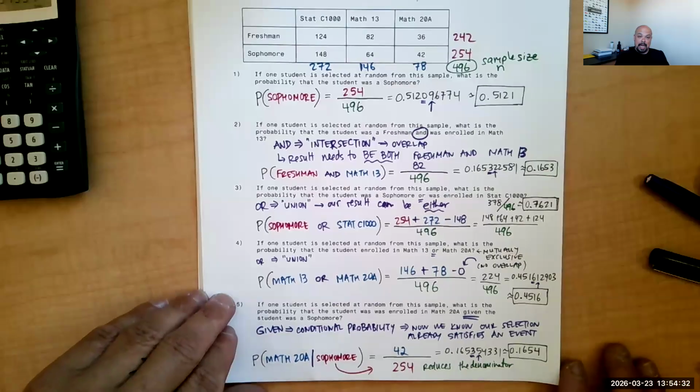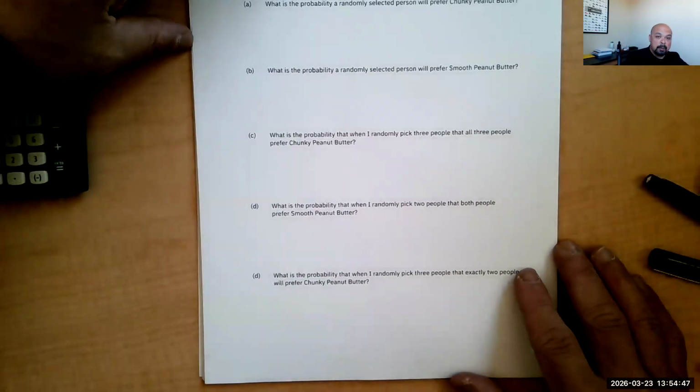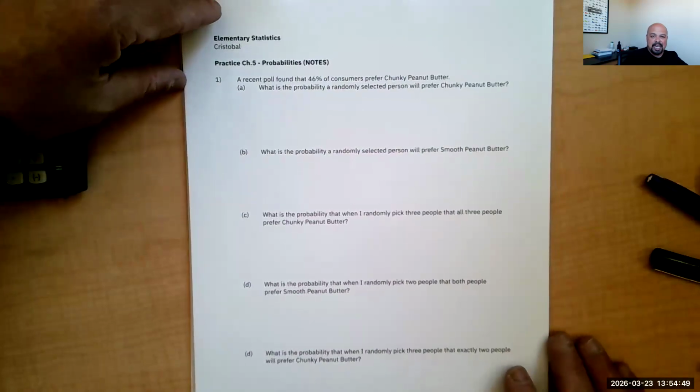All right, so now we have those types of probabilities. Another type of probability that we start to see once we get away from having those smaller groups, and we'll come back to that type as well. But I also want to identify this kind of probability of making selections.